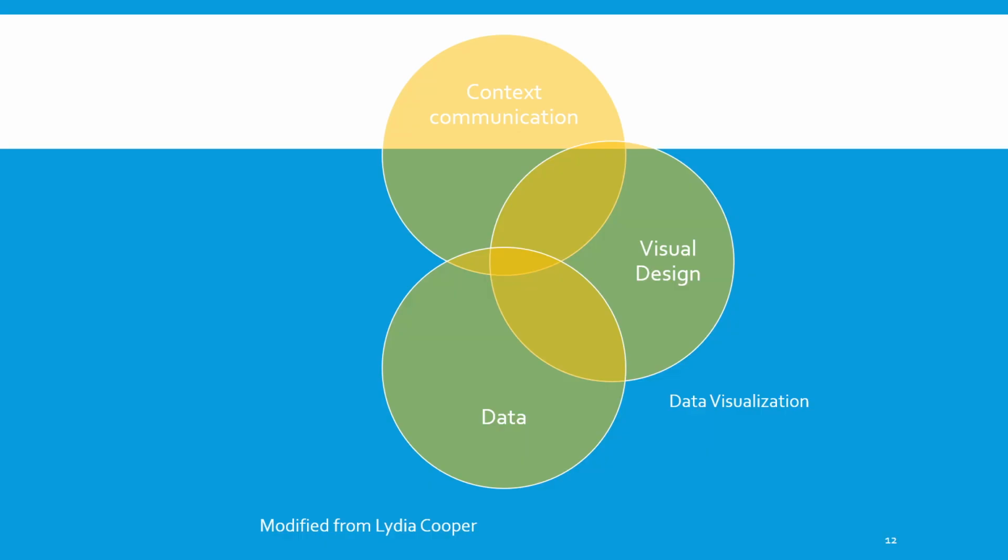And the interaction between the visual design and data is where we have been talking about data visualization. What is the best way to present data? How do we choose a chart? How do we convey a task? That's data visualization. When we have data and narratives, then we are doing data reporting.